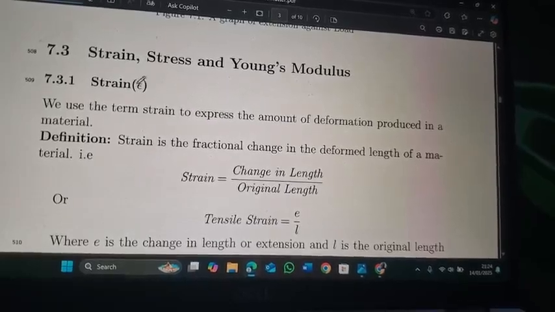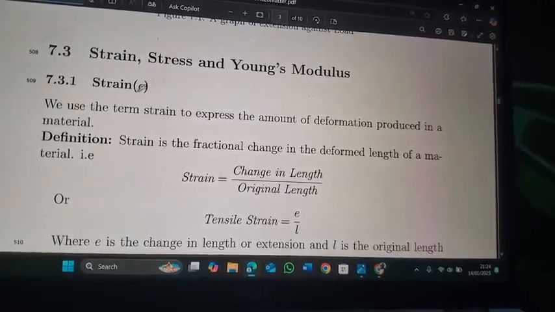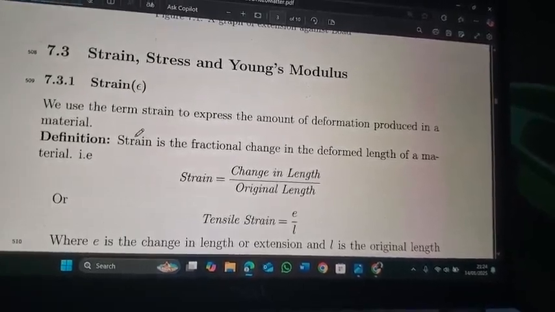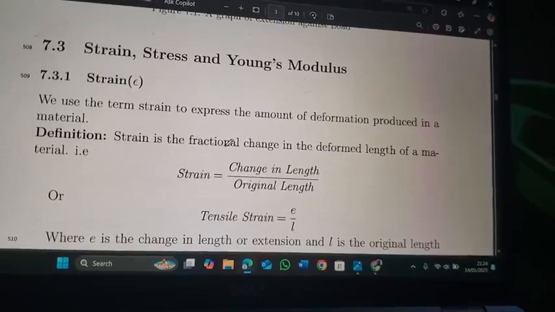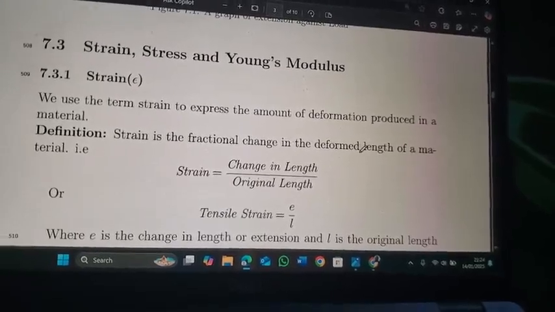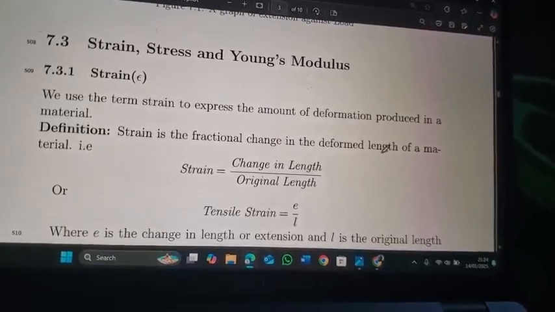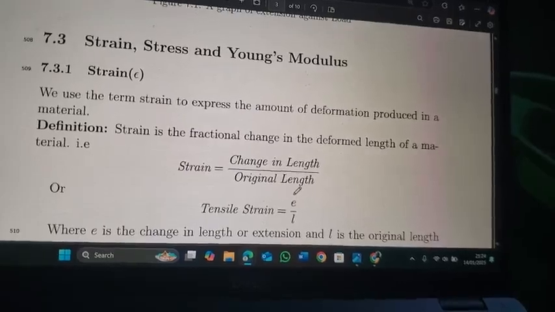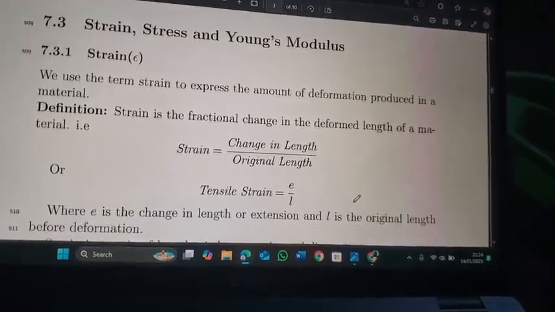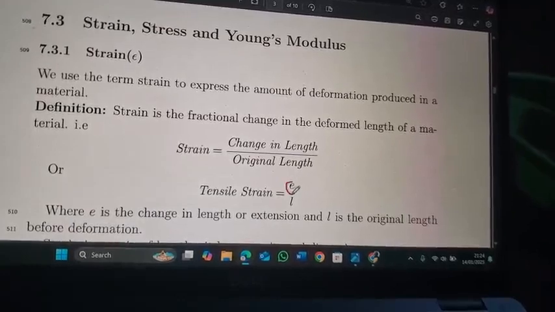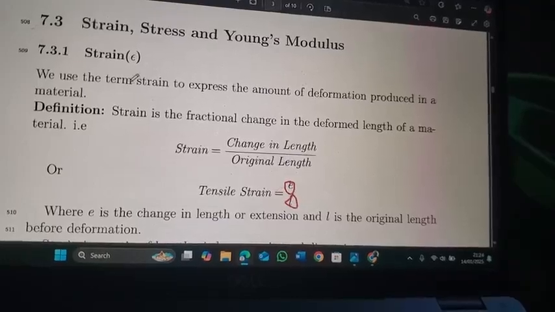This E-looking letter is a Greek letter. So strain. When we talk of strain, strain is the fractional change in the deformation, a fractional change in the deformed length of a material. So ideally it is the change in length, which is the extension, out of the original length.